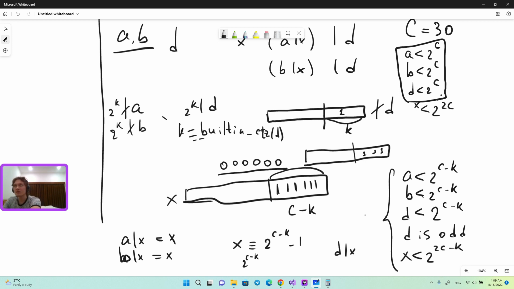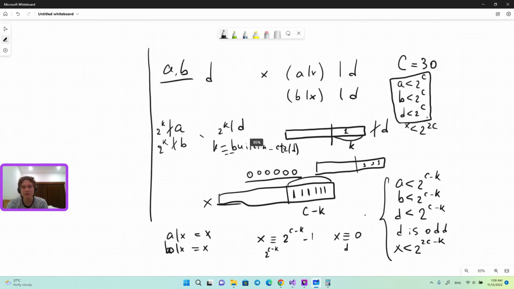This problem can be solved using the Chinese remainder theorem because you just have two equivalence relations. So x is equivalent to this number modulo 2 to the c minus k, and x is equivalent to 0 modulo d. I just know how this Chinese remainder theorem is solved.